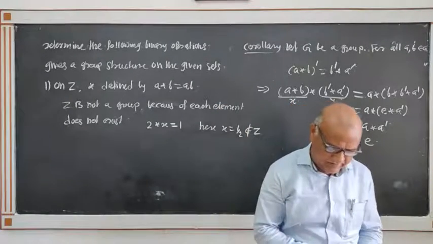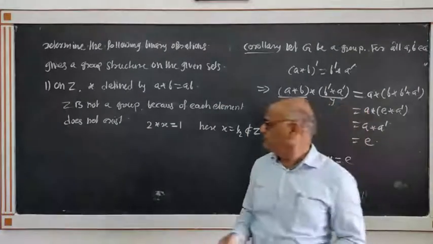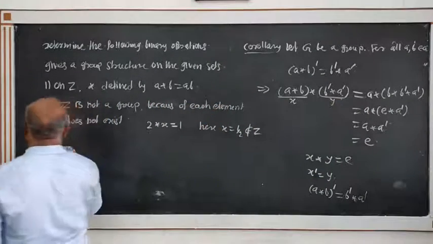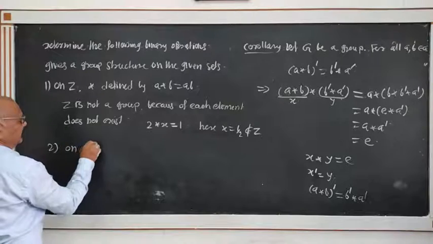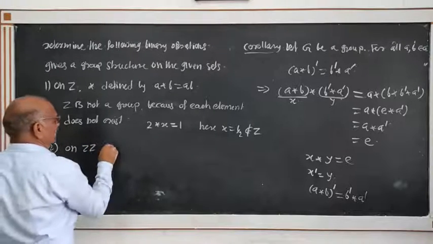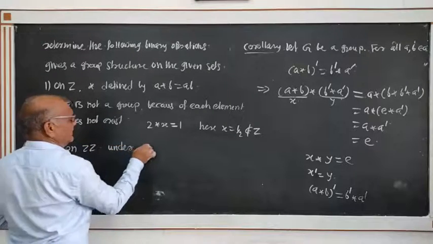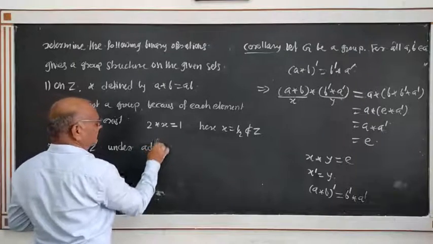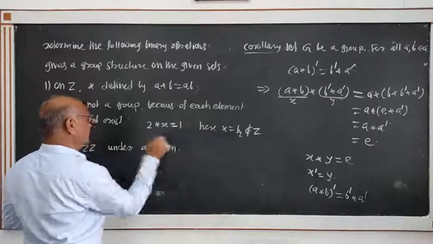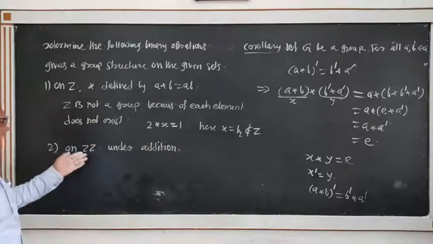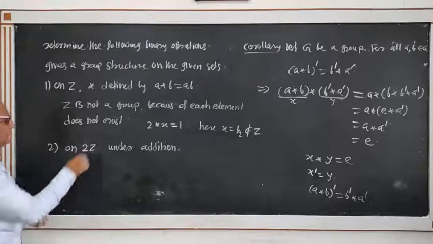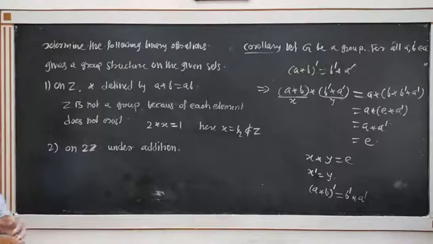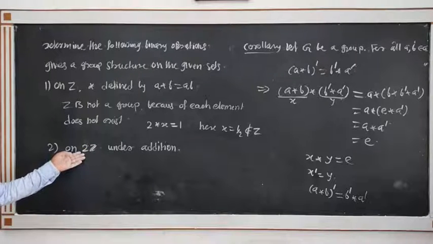Next example, if you take the set of even integers under addition, as usual addition, clearly it is a group. Addition of two even integers is again an even integer.